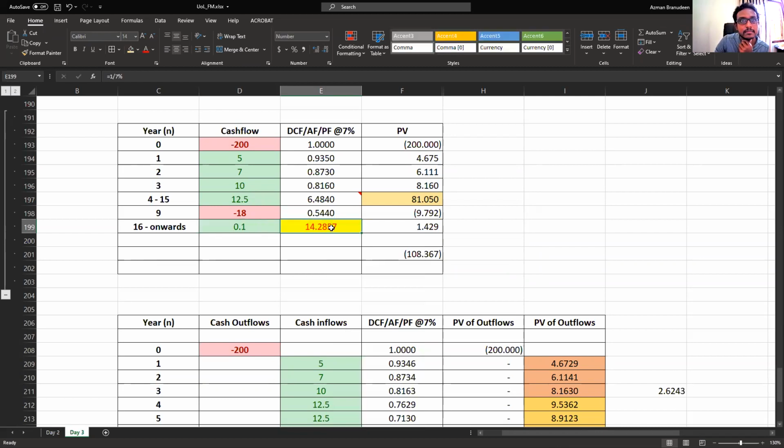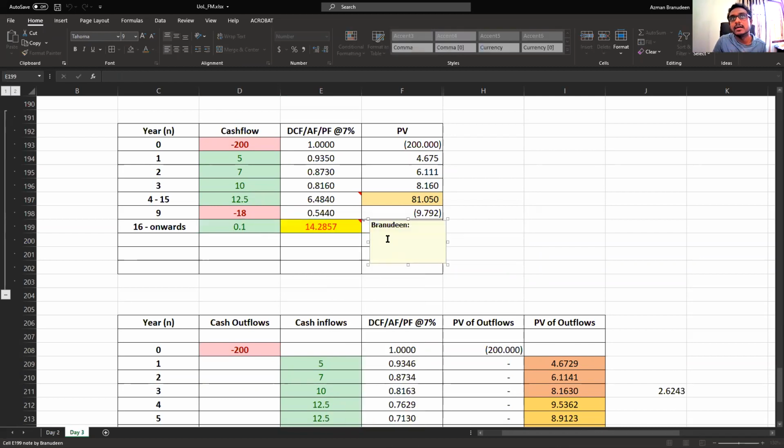So how do you do that? What I will do is add perpetuity factor of 14.7%, discounted to the value of year 16 discounted to today or present.